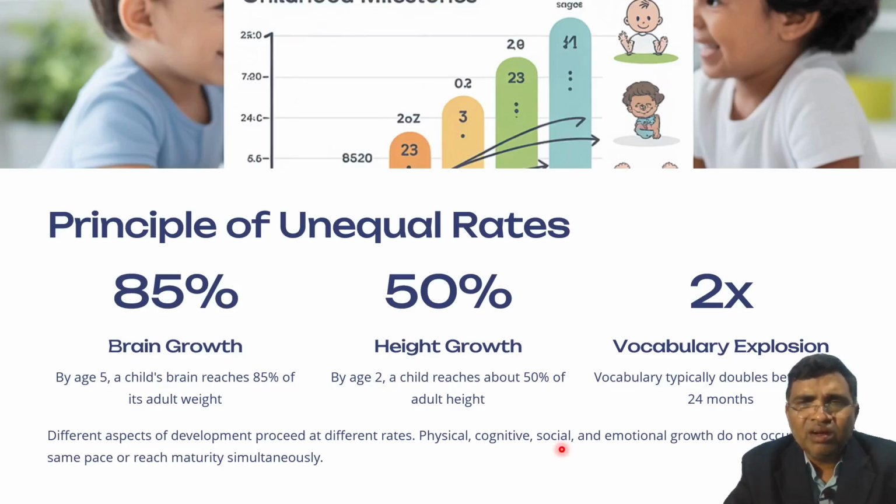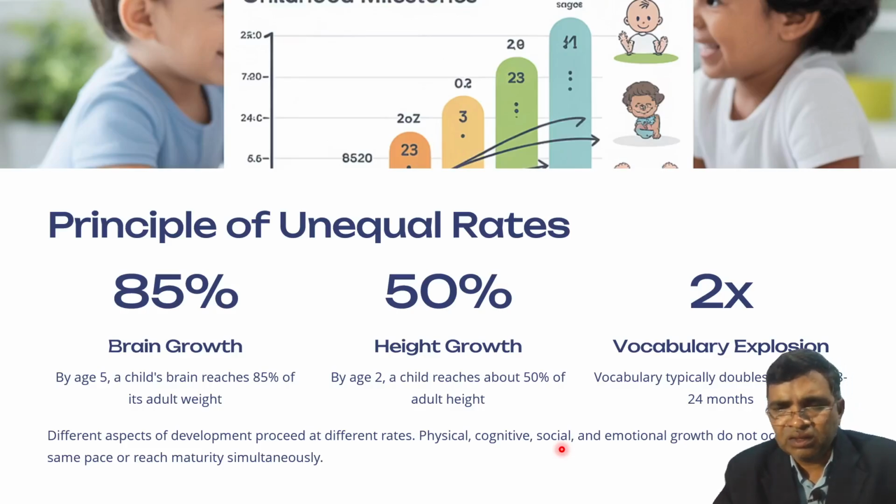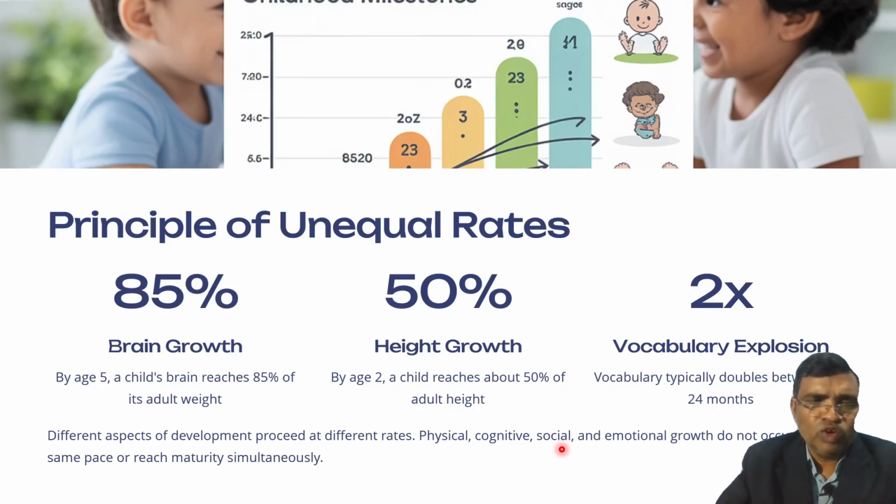Some special people get a bigger brain, height becomes more or less, vocabulary too. Some people may speak fluently, some people won't speak. So different aspects of development proceed at different rates. Physical, cognitive, social, emotional growth do not occur at the same pace to reach maturity simultaneously. So some people's brain grows but they cannot speak properly, like that.